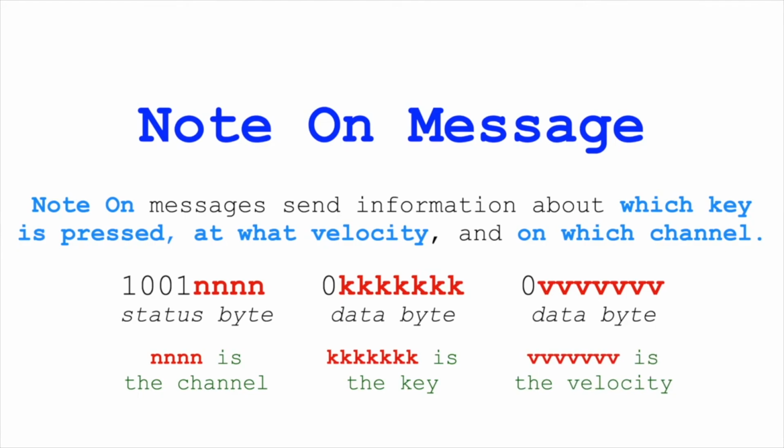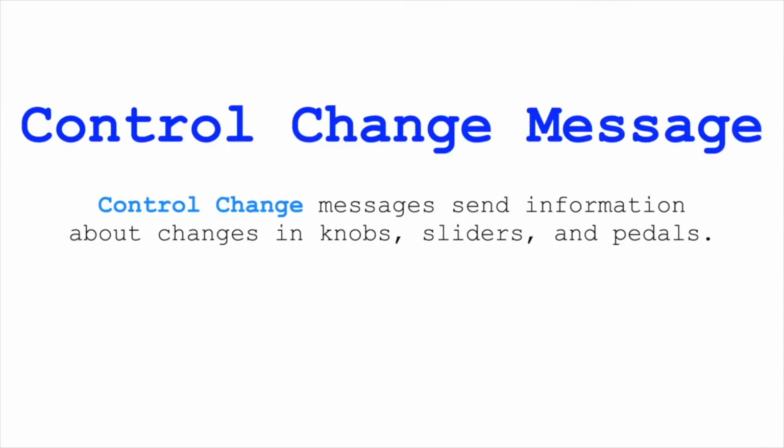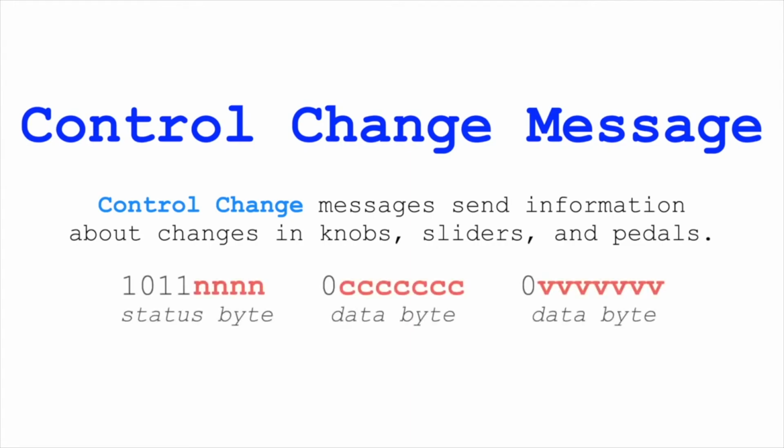Now you should notice here that this 127 is a number that repeats constantly throughout all the MIDI messages, and while it's simple to understand, it does lead to various issues, especially when we're looking at controller changes.